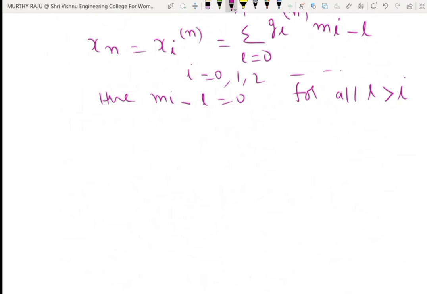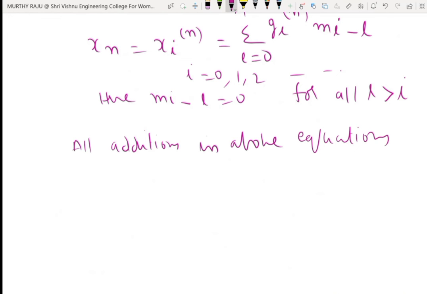All additions in the above equations are as per modulo 2 addition rules.